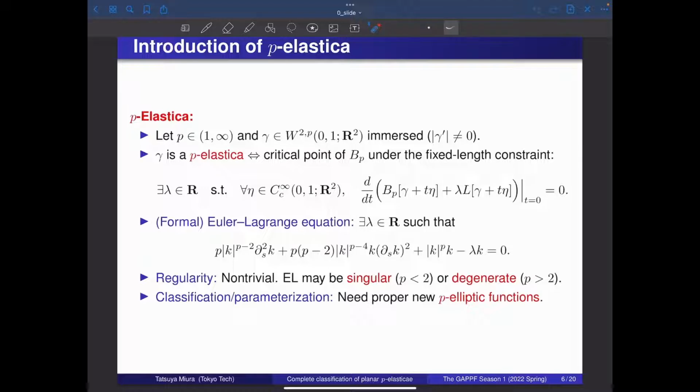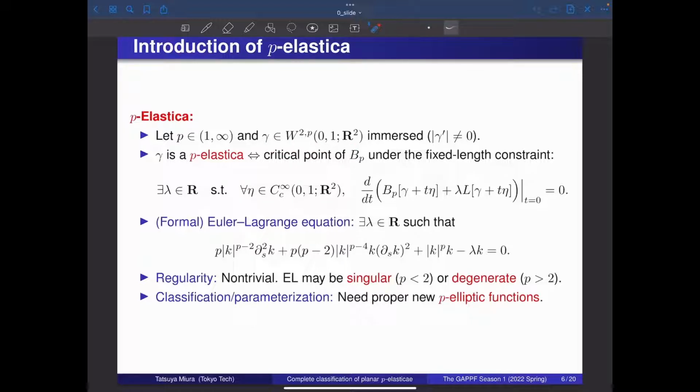Note that this is the most natural energy space, since our p-bending energy is nothing but the L^p norm of the second order derivative of the curve gamma in the arc length parameterization. So this is the most natural energy space.